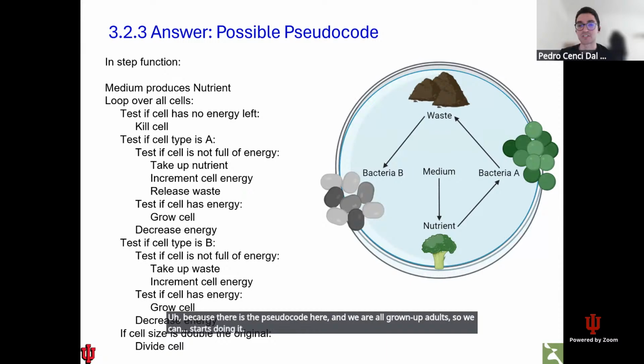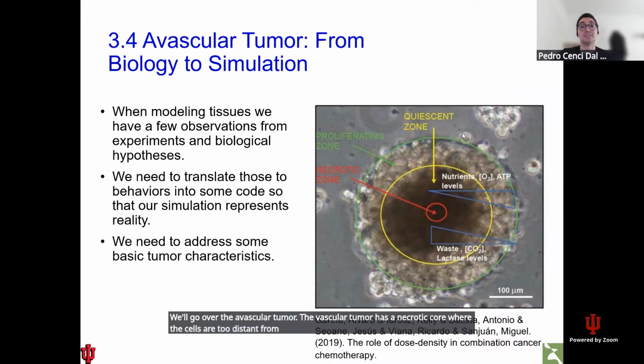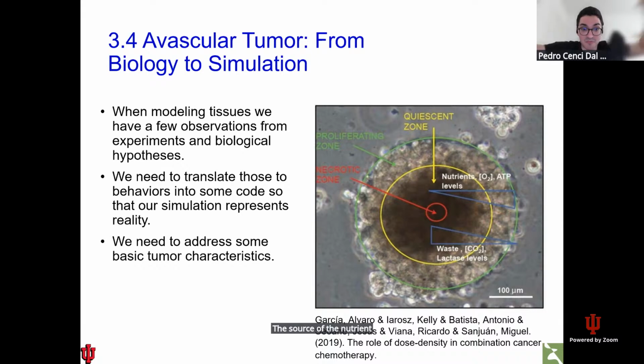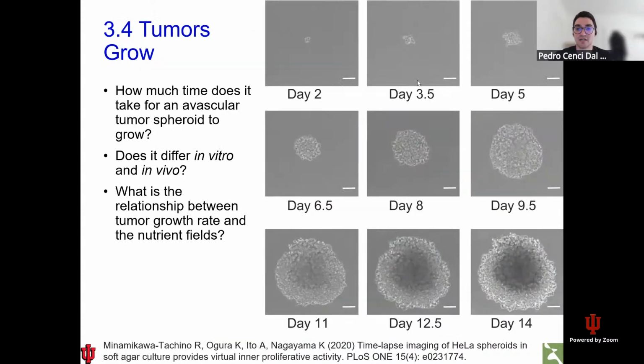In the next session, we'll go over the avascular tumor. The avascular tumor has a necrotic core where the cells are too distant from the source of the nutrient, which is around the medium. So it's a very similar system. We see that happening in experiments.